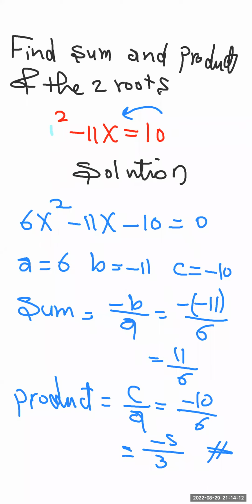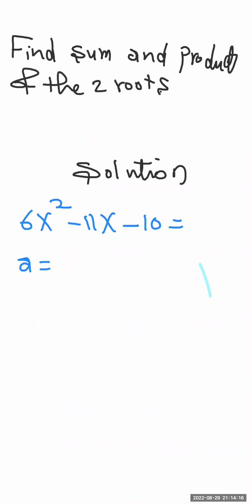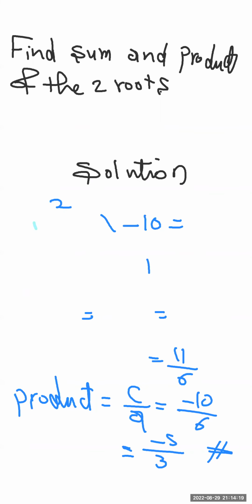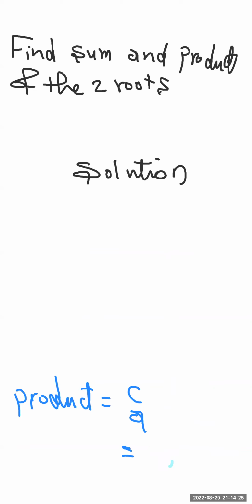If the equation is like that. So this type of questions, generally we solve it by the two rules, the rule of the sum, the rule of the product, direct substitution by using a and b and c. Okay, and then get the sum and the product.